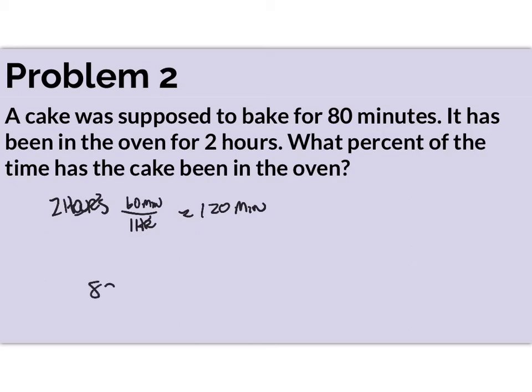So 80 minutes is the supposed total time, but we had it in for 120, and this is not looking good. So if we divide this by, we cross out the zeros. You can do that with all fractions. That's the same as dividing by 10 over 10. Taking out a 4, we got 3 halves, which is 1.5, which is 150%.